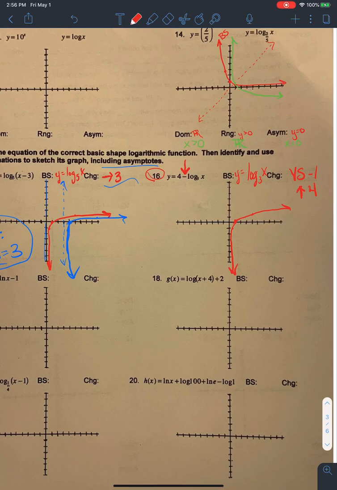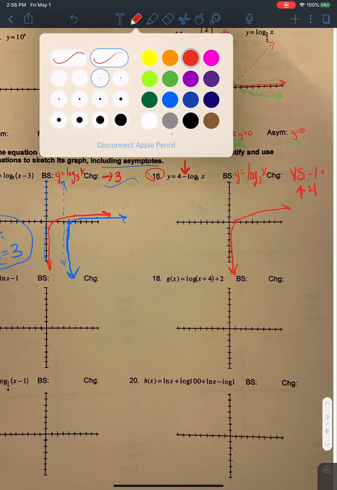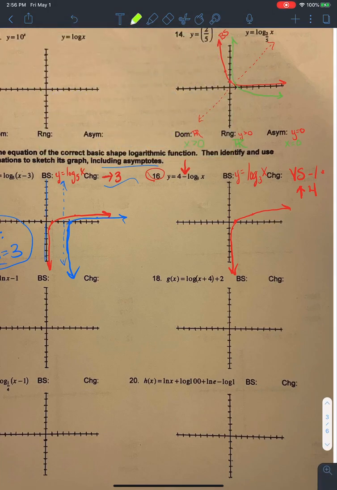Now they want us to first vertically flip it, vertical stretch of -1, and then shift it up 4. So I'm going to use two colors here. My first one's going to be a real light color in between. This is going to be just the flip part, and it looks like this.